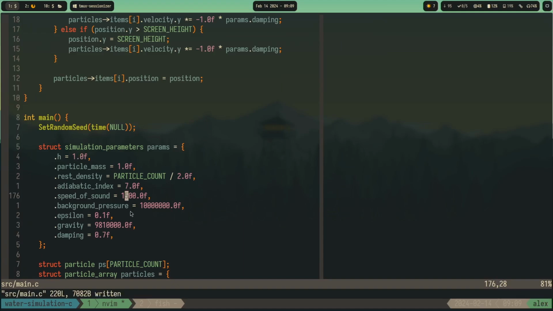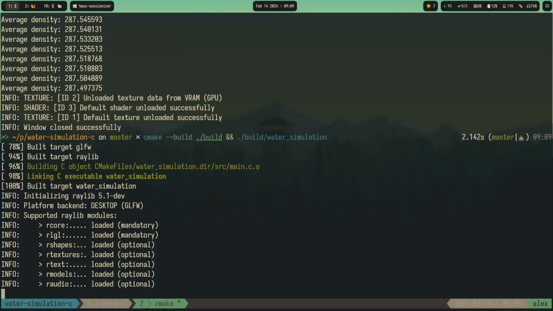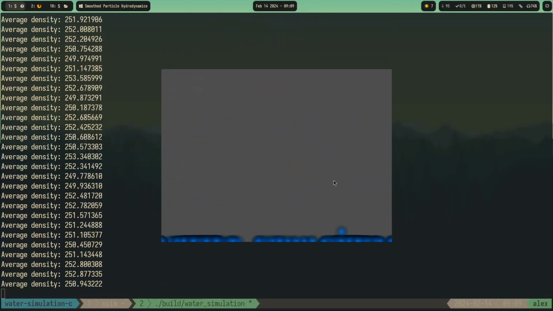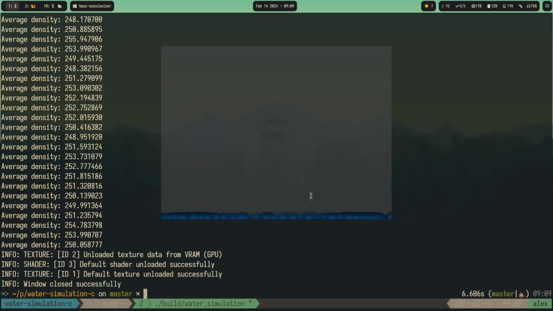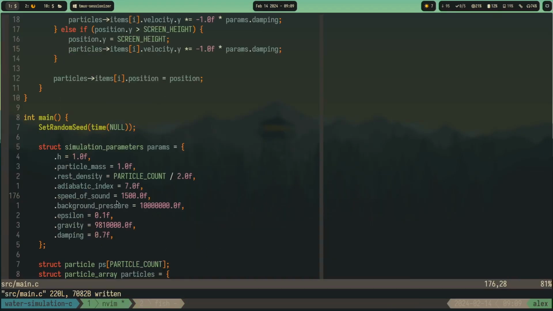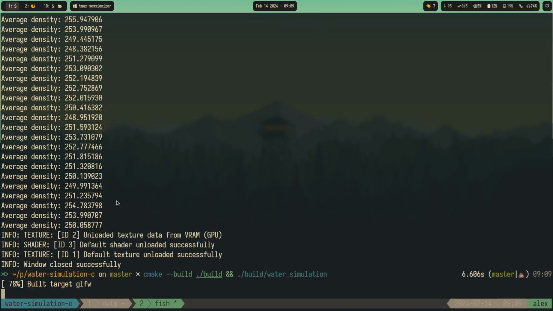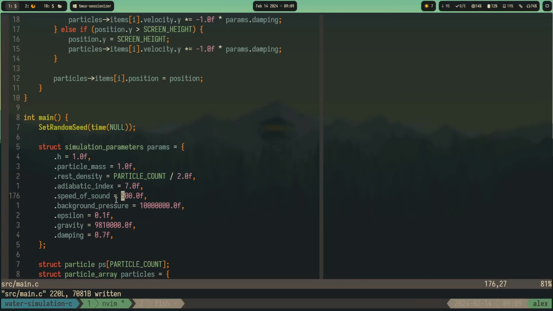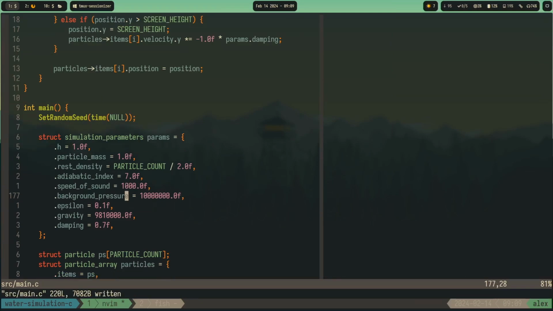Let's see what happens if we change this. I mean, in the end, we still get back to the original problem of stuff just settling down.